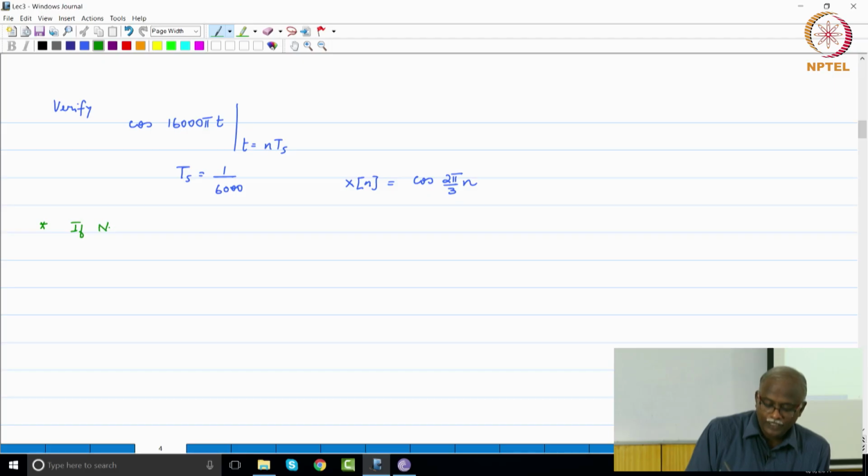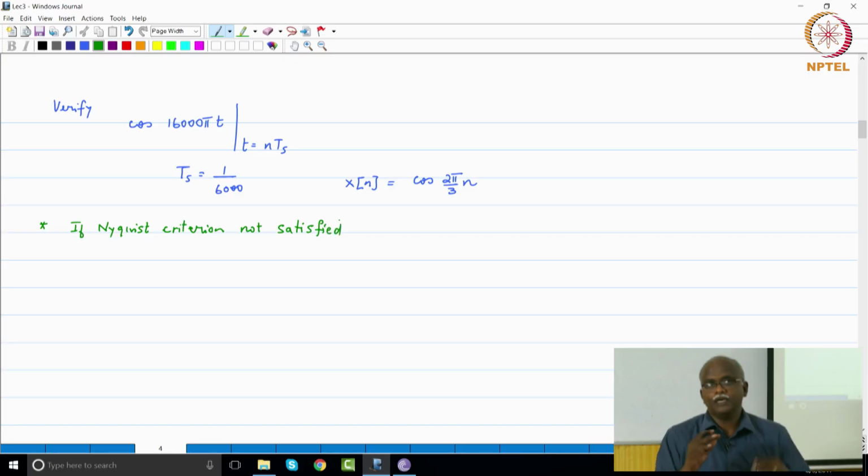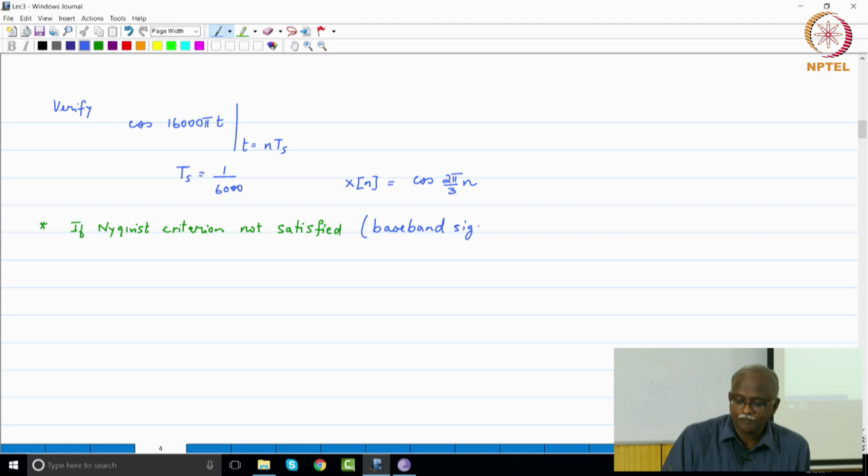If the Nyquist criterion is not satisfied, then there is no claim on uniqueness. And maybe we can make a further specification that we are talking about baseband signals, because yesterday we said that there is a notion of bandpass sampling, which is different from the sampling of low pass signals or baseband signals.